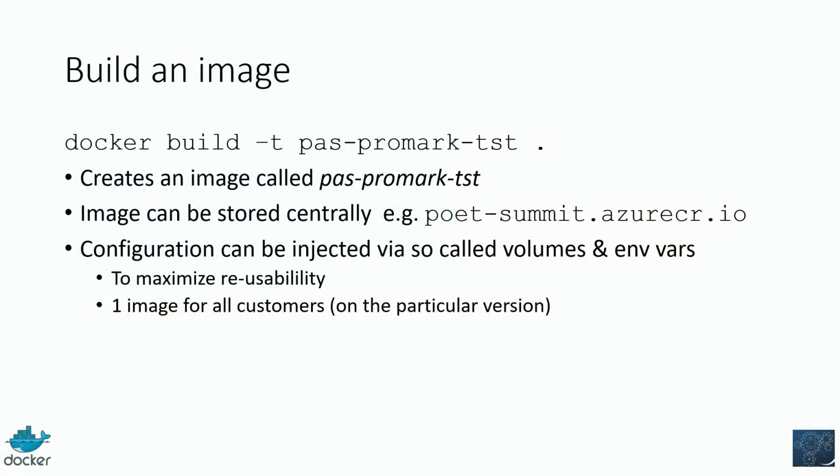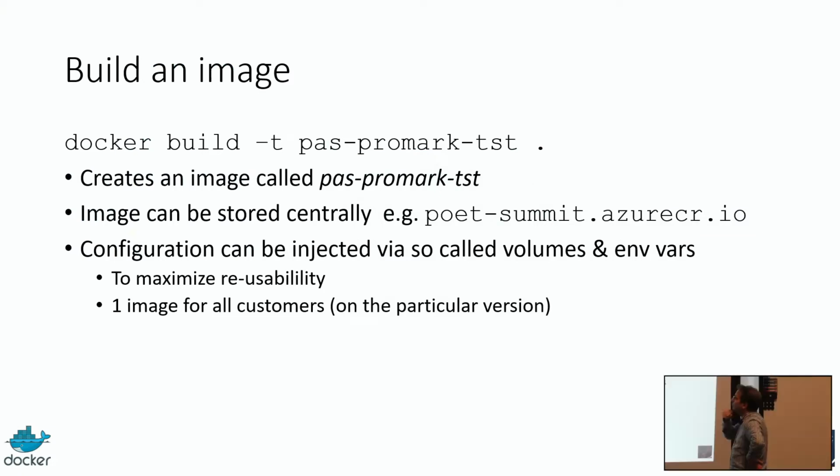Okay, we have the compilation artifacts, we have the image, then we have to build it. This is basically how you build. So this is basically turning your Docker file, which is your recipe, into an image. And an image is something you can deploy both locally or centrally in a registry.